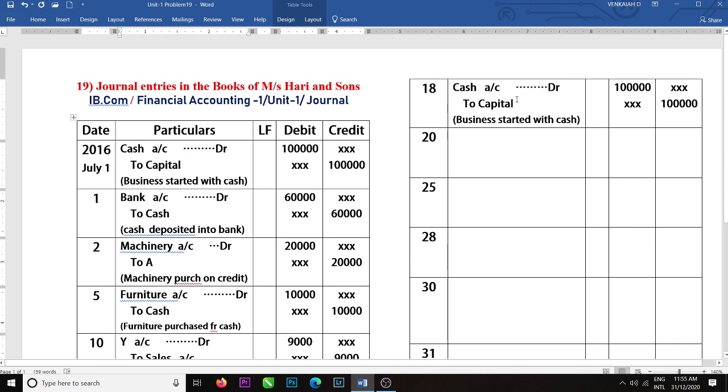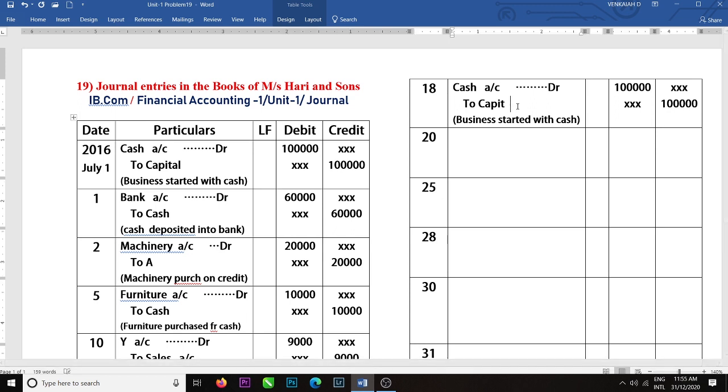That's why cash is debited and Y is the giver. The giver is credited. Y is which type of account? Personal account. What are the rules of the personal account? The receiver will be debited and the giver is credited. Cash received from Y.